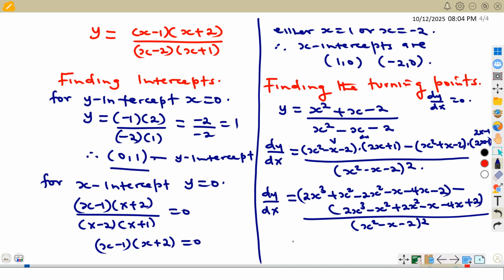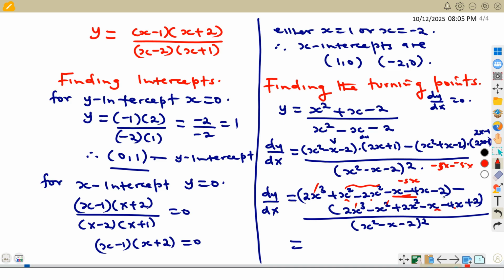Now we can simplify this by looking at the terms which will cancel out. We shall have this and this cancelling away. Then this and this will give us minus x squared, then minus x squared, so these two and this one will cancel out. We shall remain with minus 3x, minus 5x. This is minus x minus 4x, that is minus 5x.